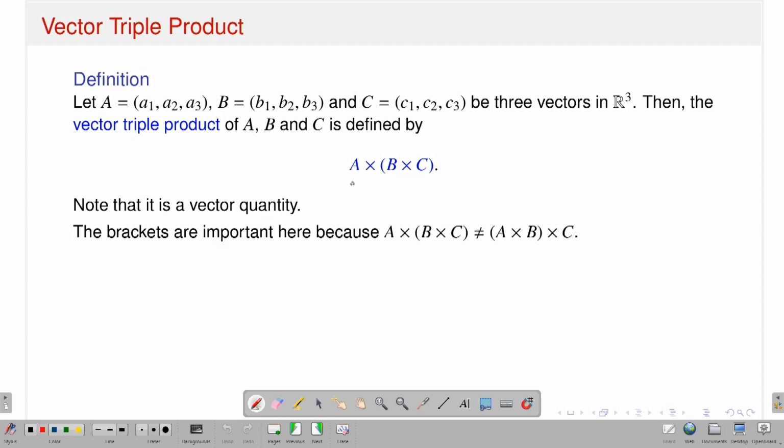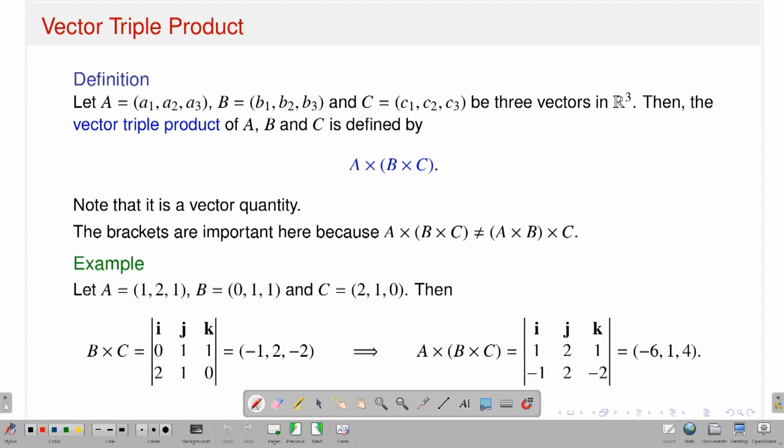The brackets in these expressions are important because A cross product with B cross C is not equal to A cross B cross product with C.